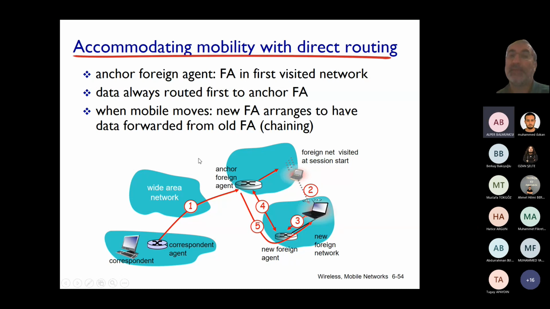So that means the data is always going to route through this anchor foreign agent. When mobile moves, the new foreign agent is going to arrange to have data forwarded from the old foreign agent. It's like a chain. So it's going to go through this anchor foreign agent.